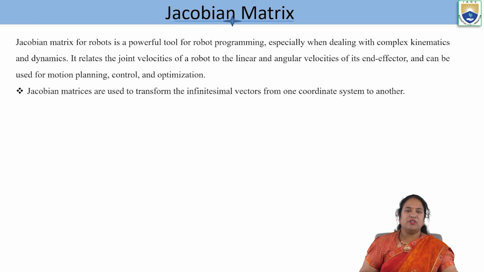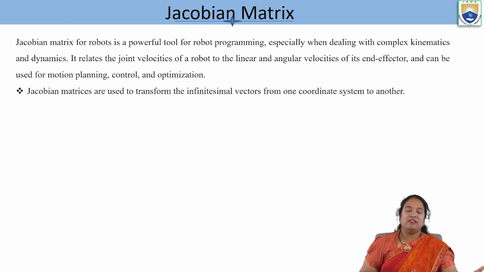So, this particular Jacobian matrix is related with the help of the joint velocities of the robot, where we use both linear as well as angular velocities for its end effectors.